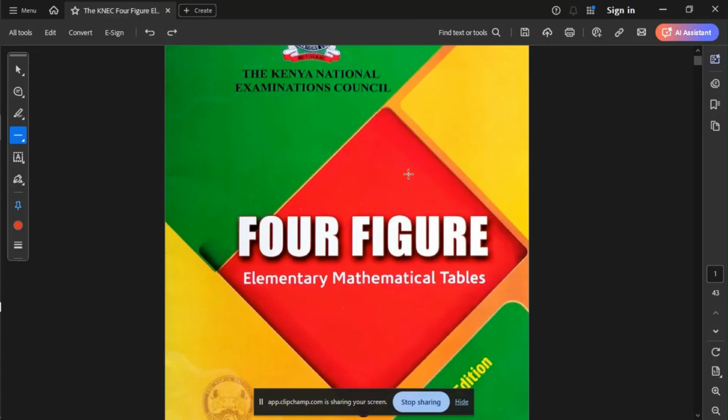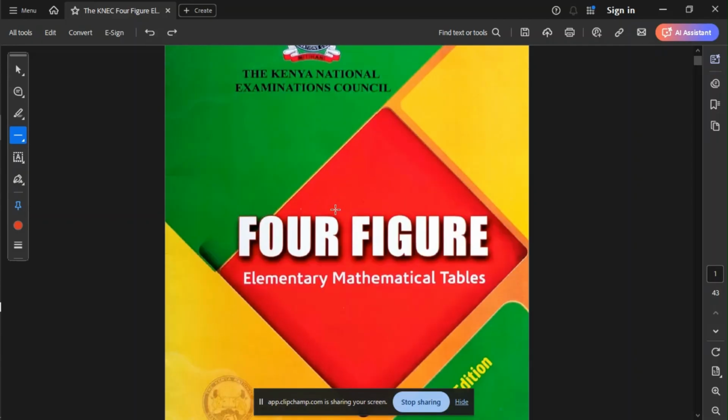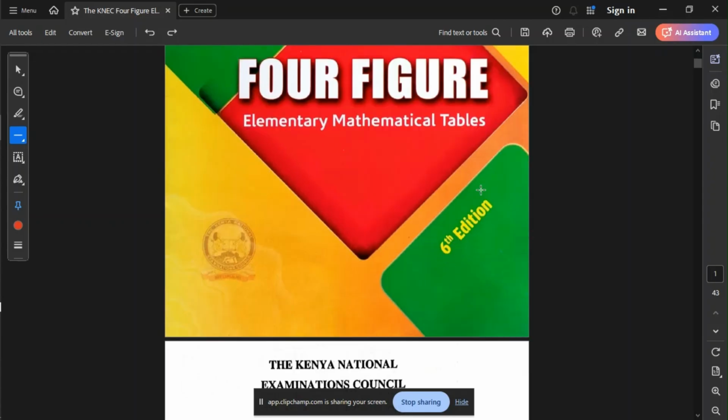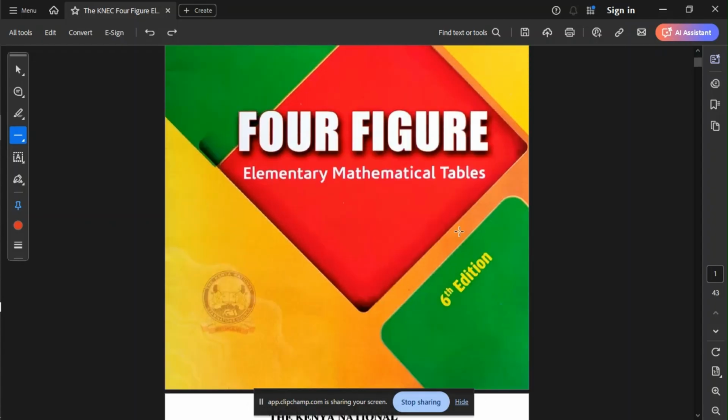It is a 4-figure mathematical table that we use. We have different editions, depending on the ones recommended. I don't think this is the latest; I think we have the 7th edition. So always when you want to buy a 4-figure table, check the edition so that it will be helpful. We keep on revising these tables so that we have the latest.